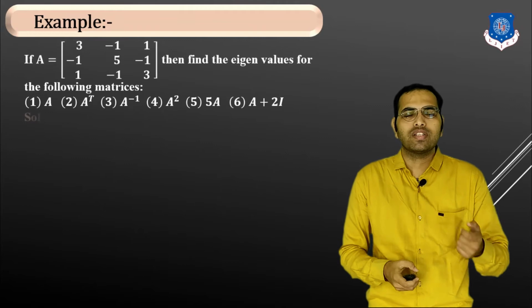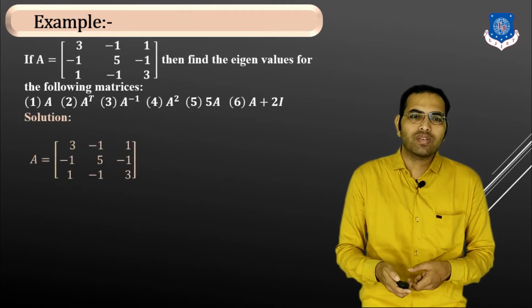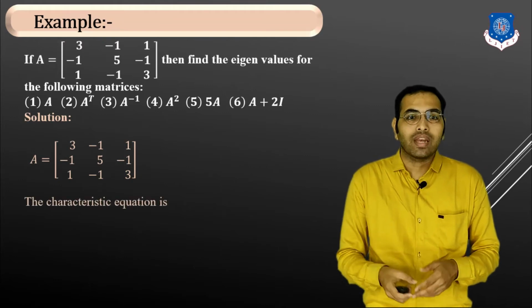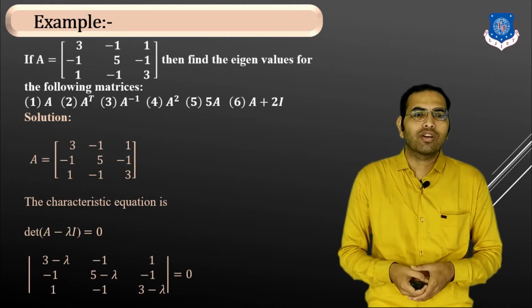Let's see. First, the given matrix is A equals [3 -1 1; -1 5 -1; 1 -1 3]. The characteristic equation is determinant of A minus lambda I equal to 0.